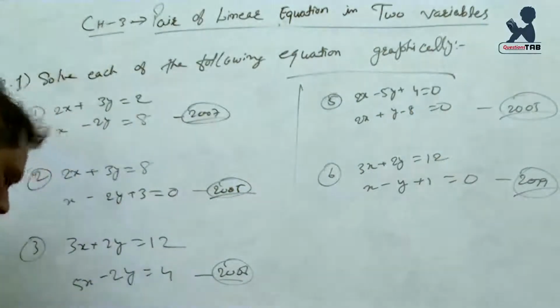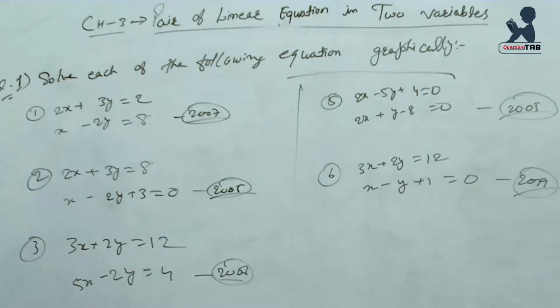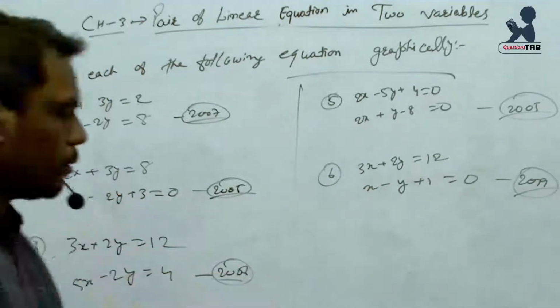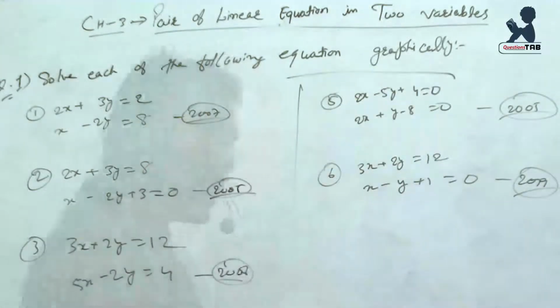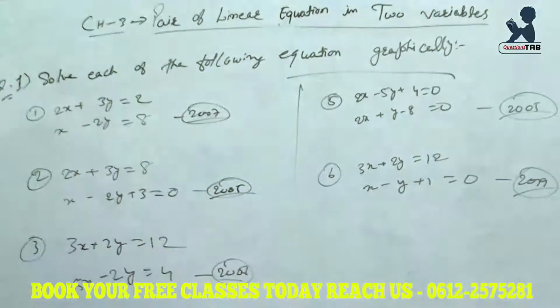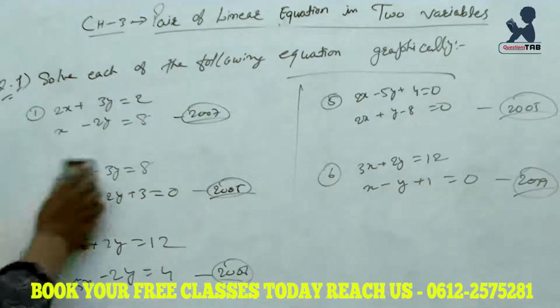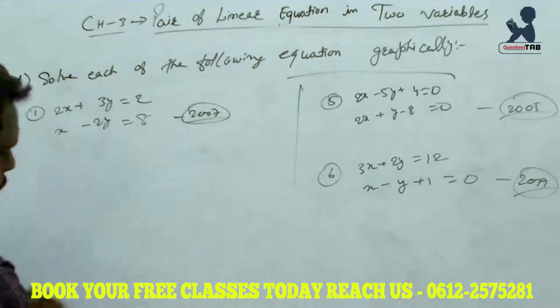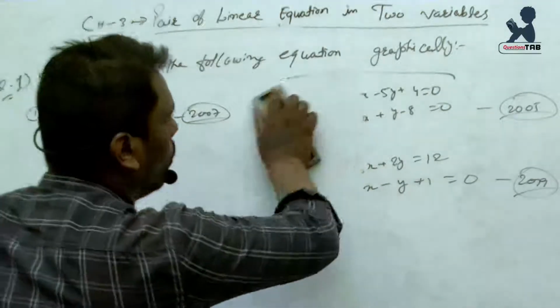Here we are going to simply solve these equations and represent them on graph paper. So note all the questions; we are going to solve this one, and the remaining you have to solve on your own.